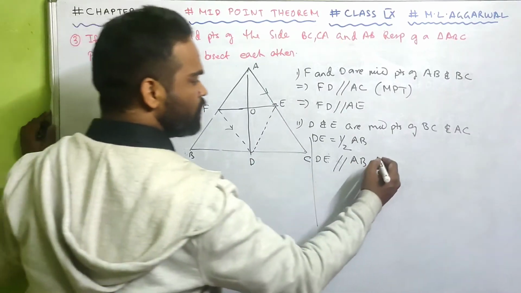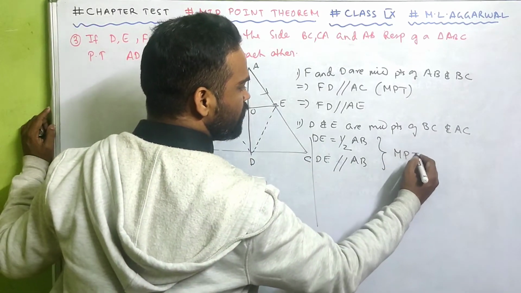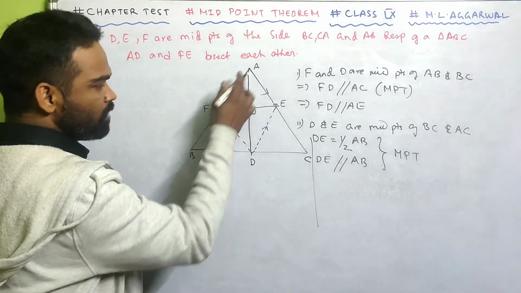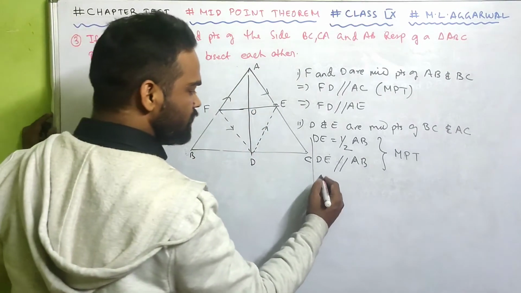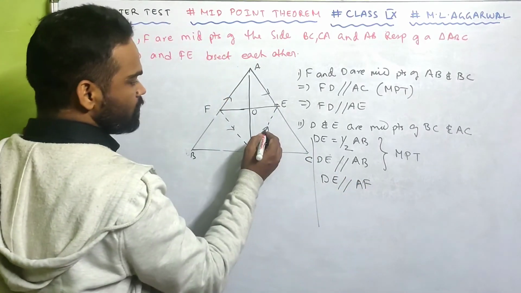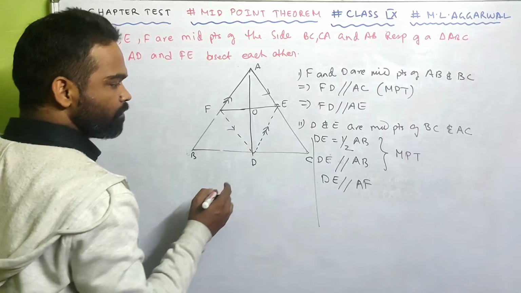Yes or no? By midpoint theorem, remember? Same logic. So DE is parallel to AB, which means DE is parallel to AF also. Yes or no? So this is parallel to this.